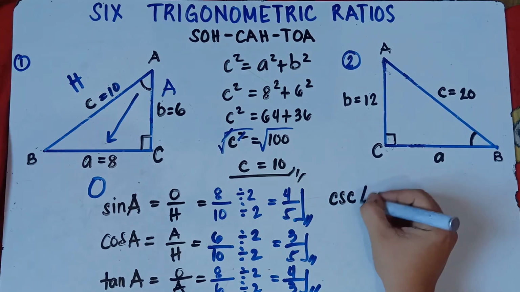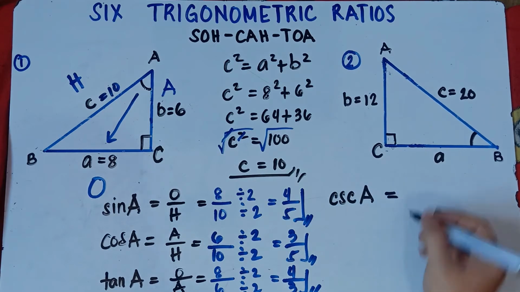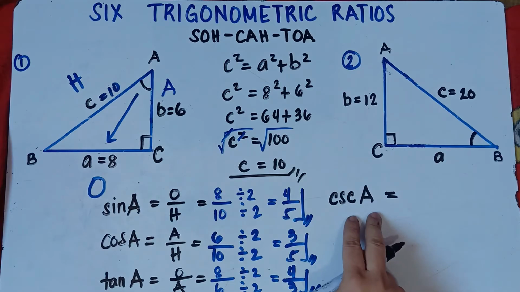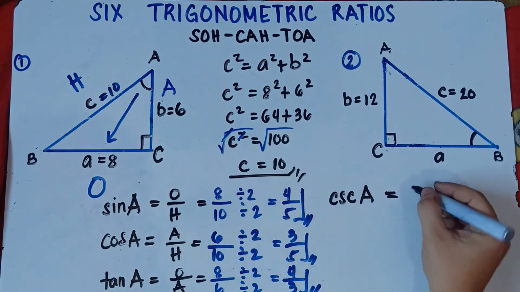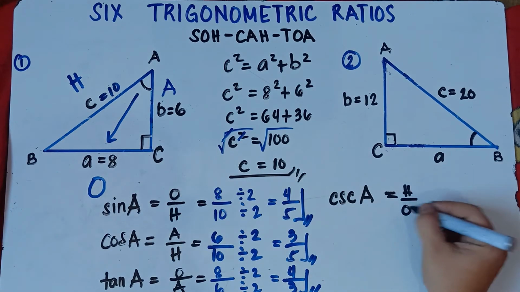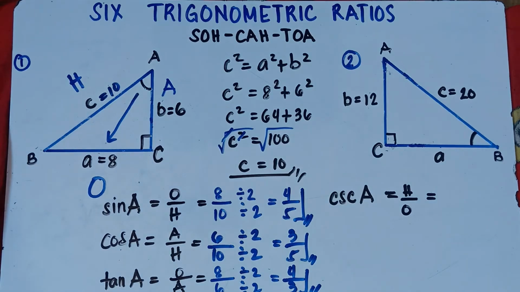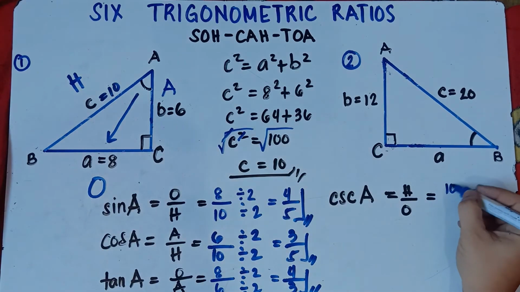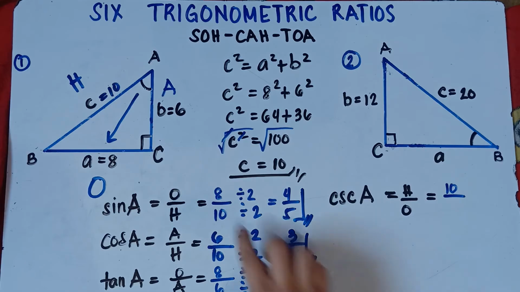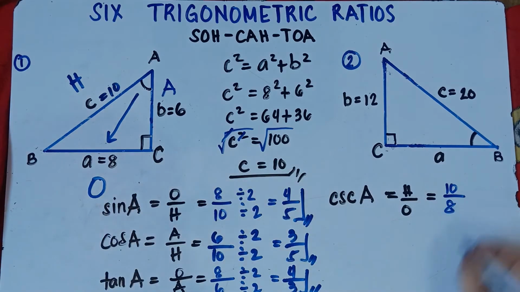So CSC A, cosecant A, is equal to, once again, the reciprocal of sine. So that would be H over O. So our hypotenuse is 10, over our opposite, which is 8. So can we reduce? Yup. We can divide this one by 2, right? I will just answer it directly, class, because we don't have enough space.